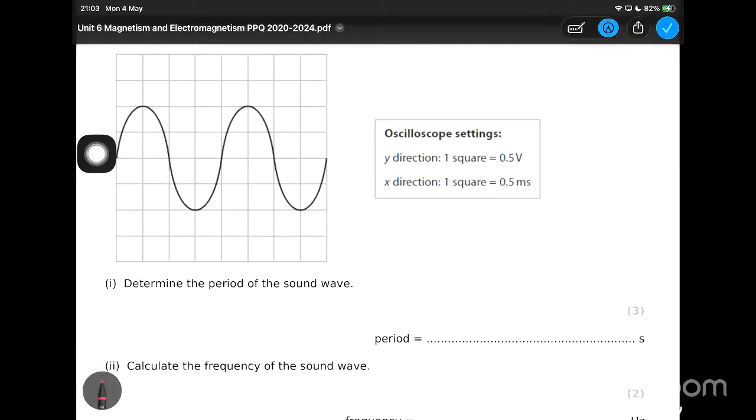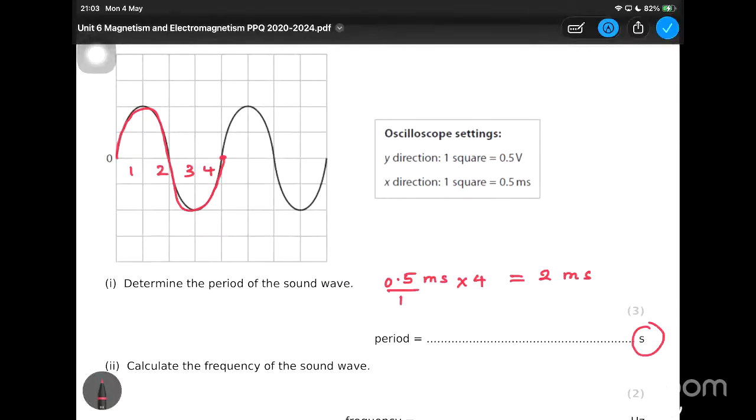Period means the time taken to complete a cycle, which means the time taken to complete up to this place. Here you can see 4 boxes being used. Each one takes 0.5 milliseconds, and we are dealing with 4 here, so the time period is going to be 2 milliseconds.